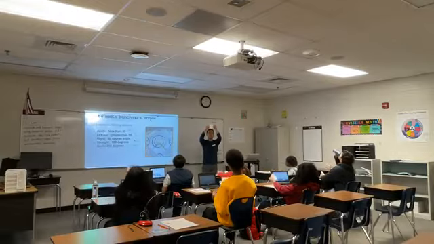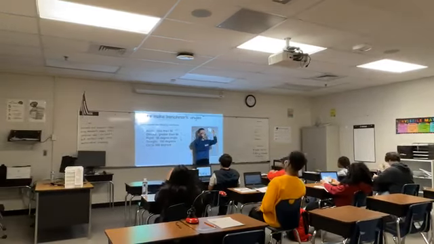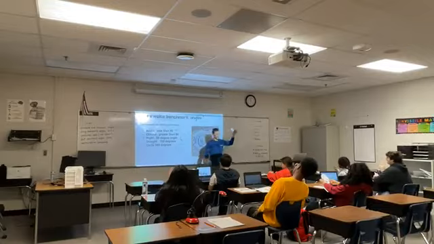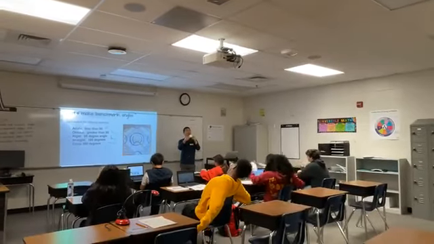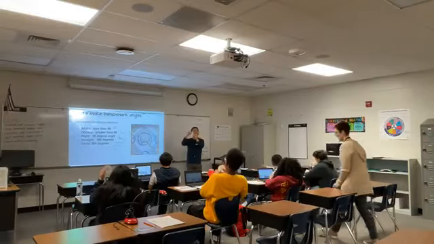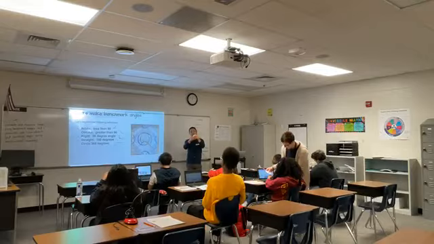How many degrees is this right here? This is a circle, right? So how many degrees do we have right here? 360. This is 360 degrees. Okay? Now, I folded it in half.